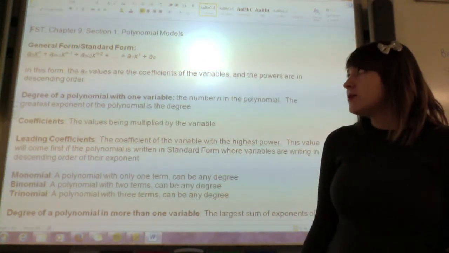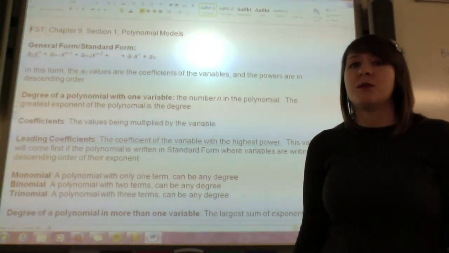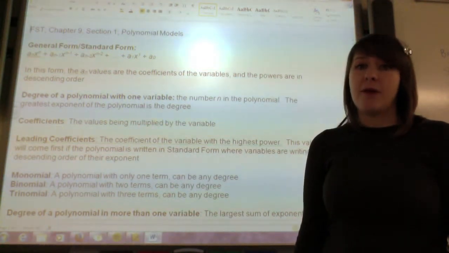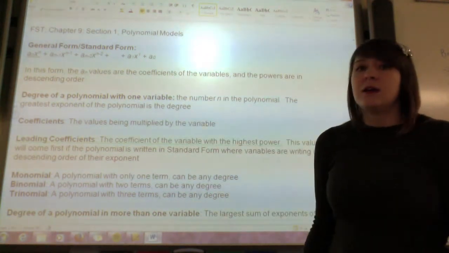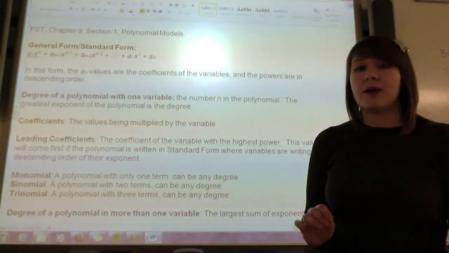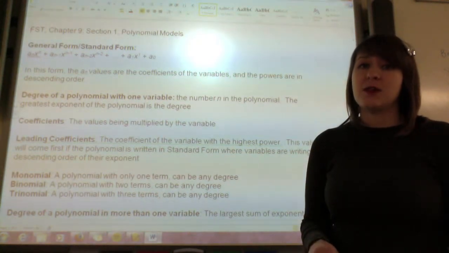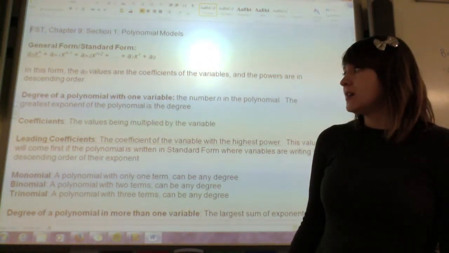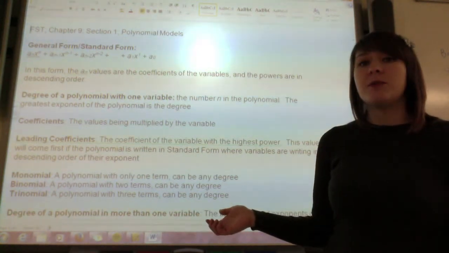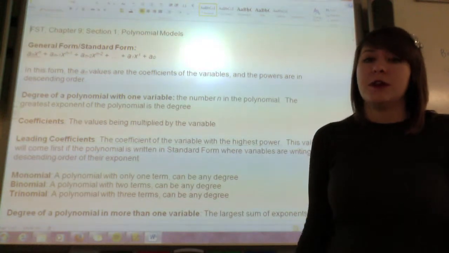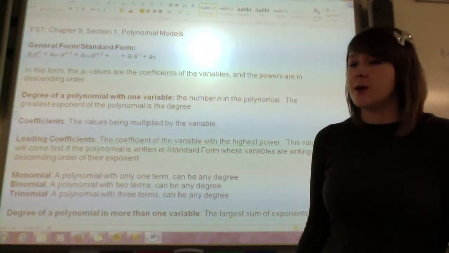The leading coefficient is the coefficient in the term that is the highest power. So whatever the degree of your polynomial is, you look at that term, and the coefficient of that term is called your leading coefficient. Essentially, it's called that because if you put it in standard form, it would be the first coefficient that you have, because it would be the first term.